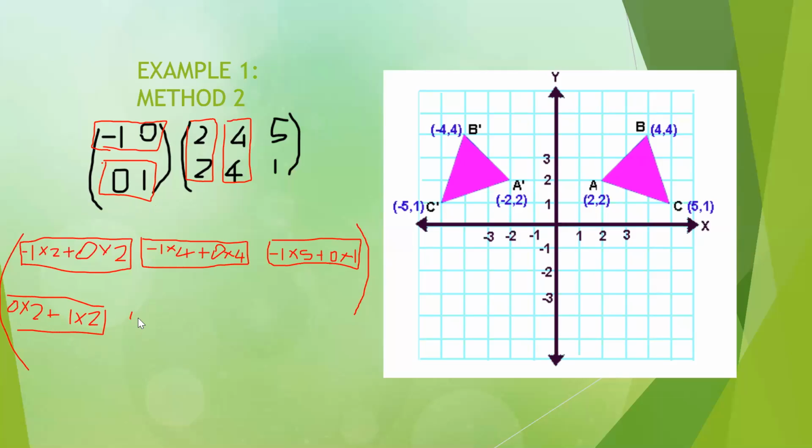Then 0 by 4 plus 1 by 4. And then the same 0 by 5 plus 1 by 1. All right, so row by column. I'll box it again as well.